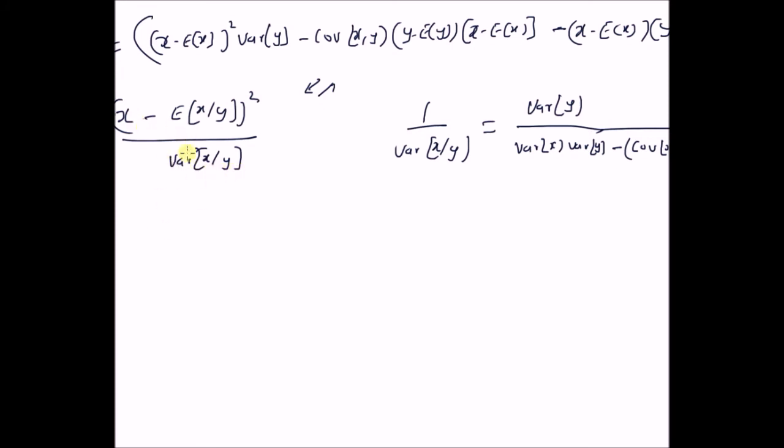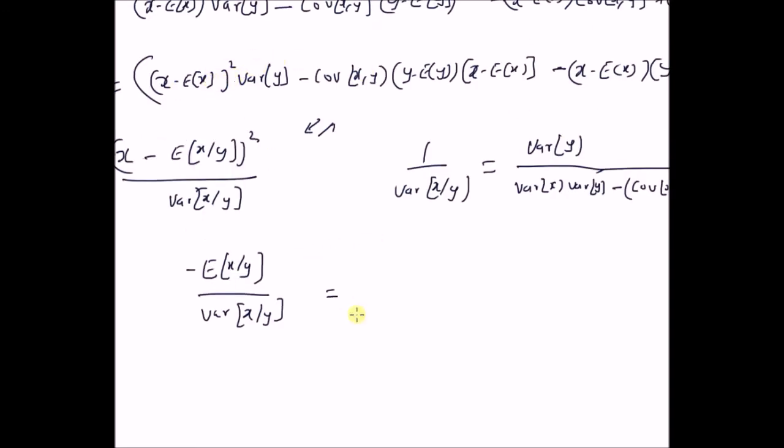And then by comparing the coefficients of the first order term, that is minus expectation of x given y over variance of x given y is equal to, then we have one term here which is minus expectation of x multiplied by variance of y, and we also have the denominator which we can write later. And the second term is the coefficient of this term, which is y minus expectation of y multiplied by the covariance of x comma y.